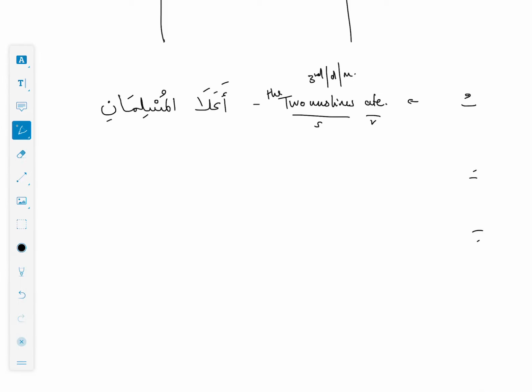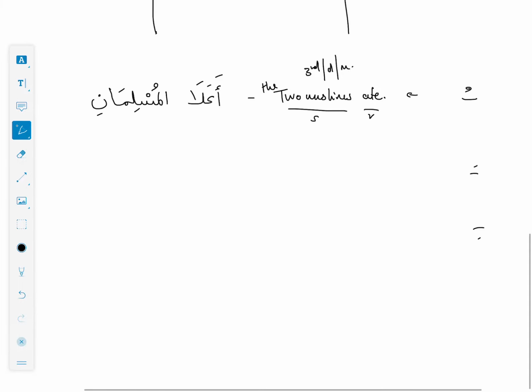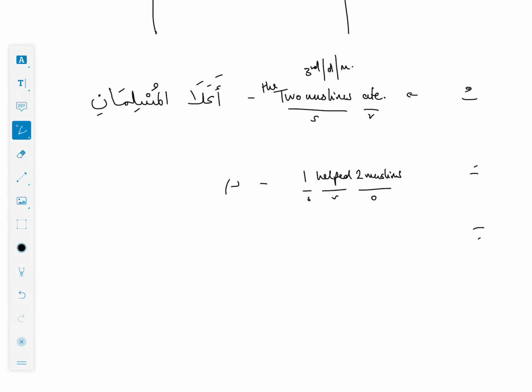Let's have a look at another example. If I wanted to say, I helped two Muslims. Now, I is the subject, helped is the verb, and the object is two Muslims. The verb I helped would be nasartu.